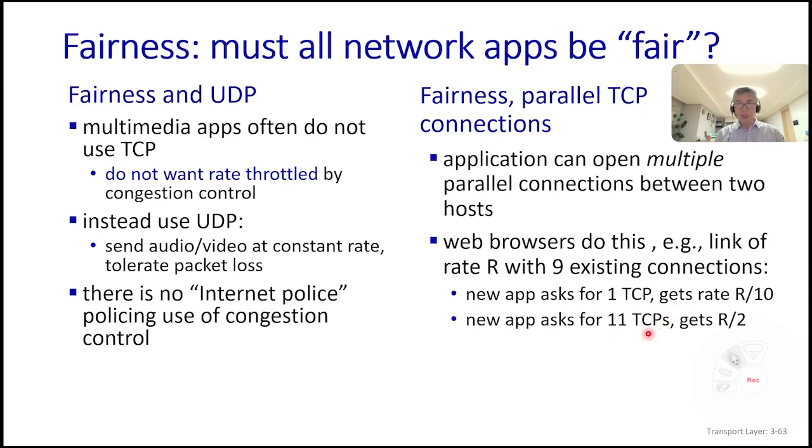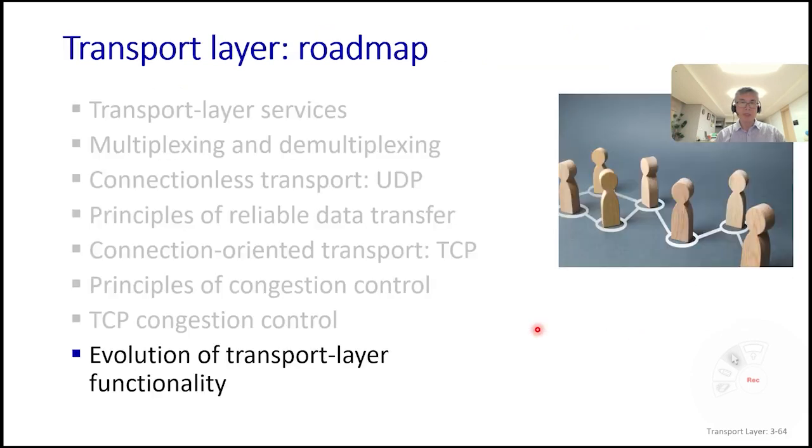So in that case, almost half of the bandwidth goes to this application. Which means if a web browser opens more HTTP connections, other users can be sacrificed. Okay, this is a problem.